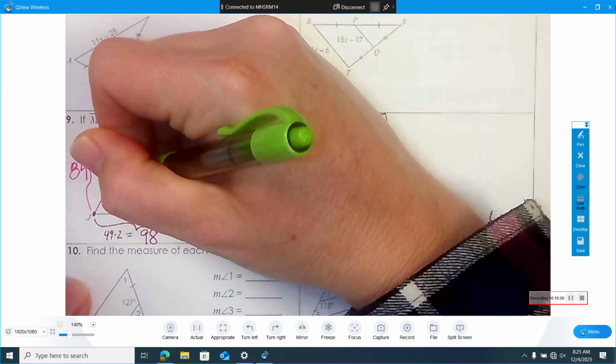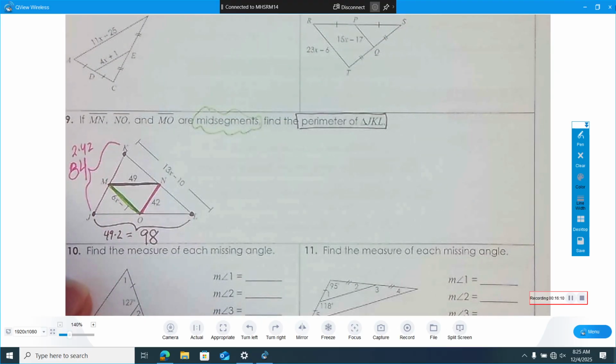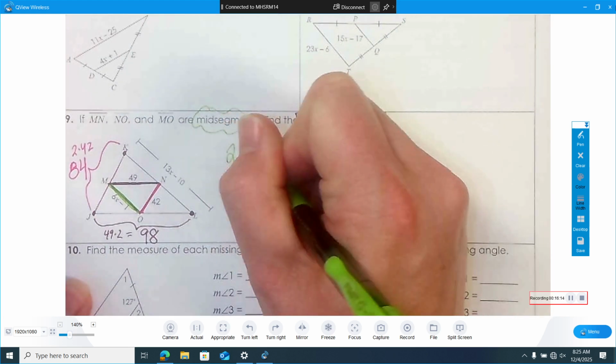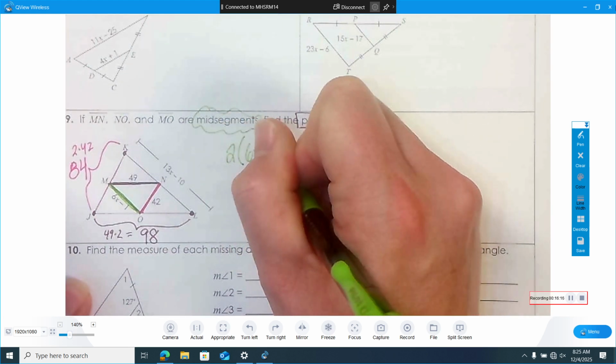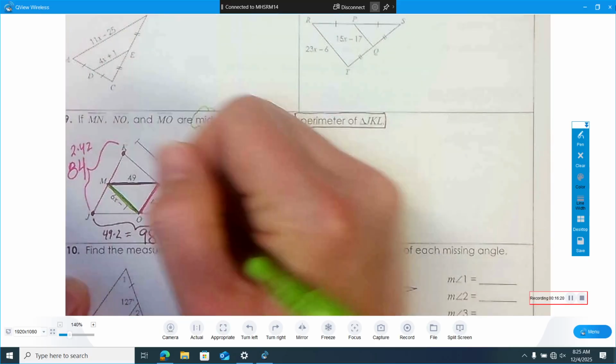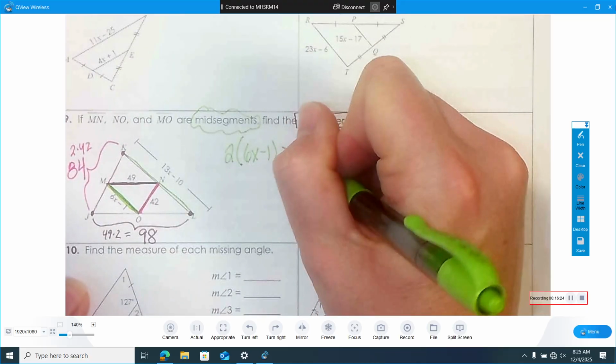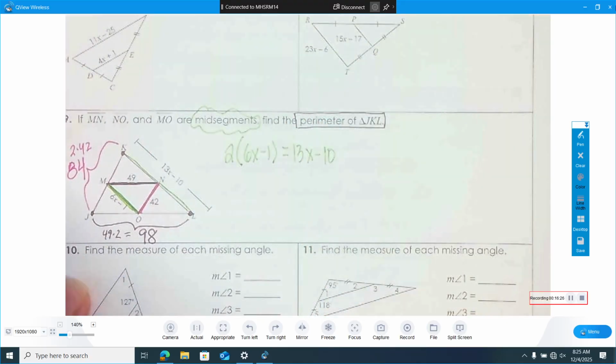What do we do for our algebraic side, 6x minus 1? What do we have to do with that mid-segment? Double the mid-segment. Twice 6x minus 1 is equal to 13x minus 10 for KL, thus is the nature of algebra.